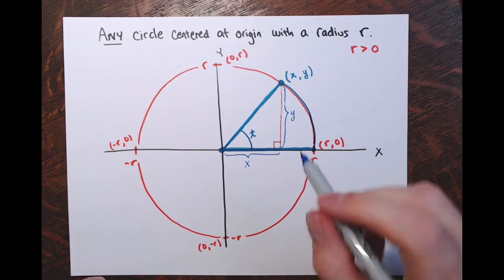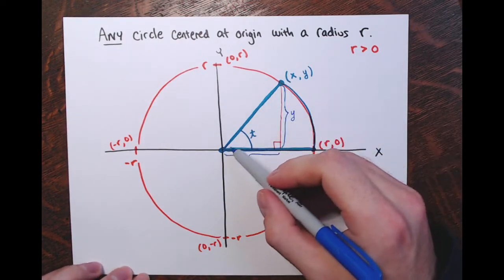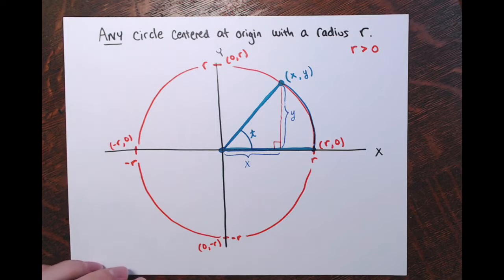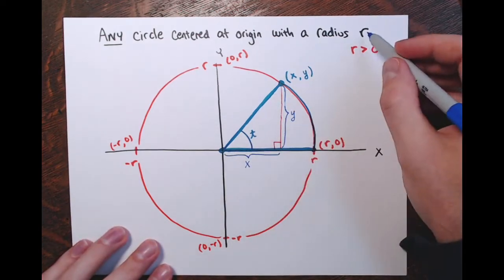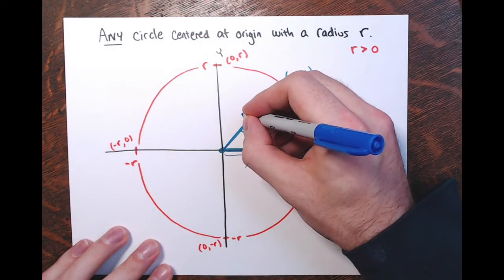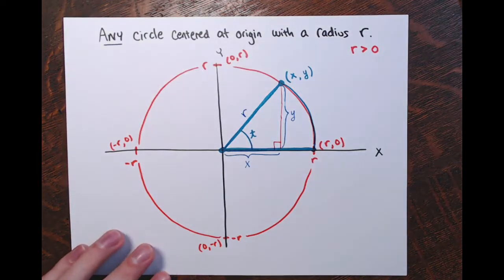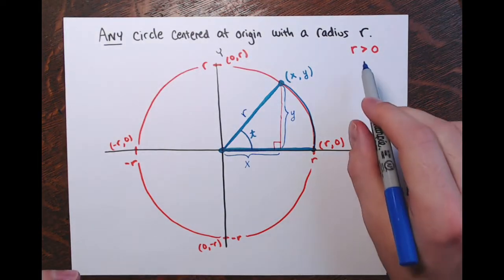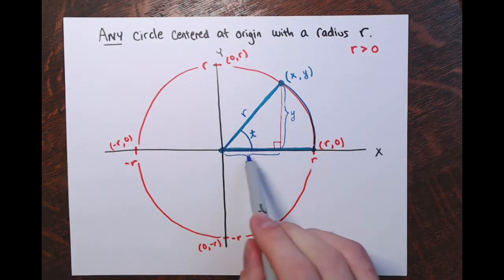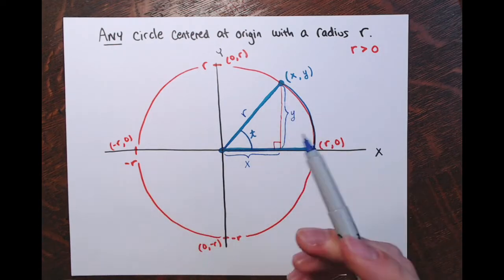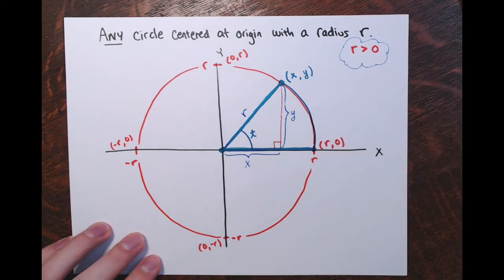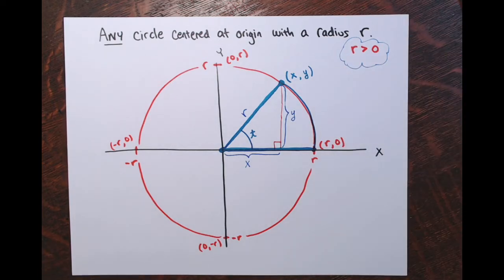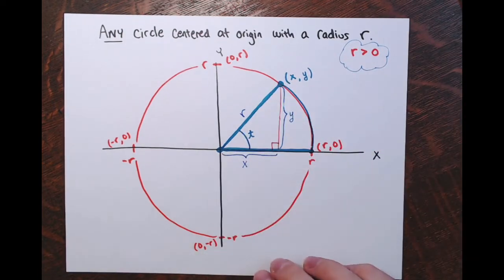This time my hypotenuse might have a length other than 1. This is representing a circle of any radius, and that radius I called r. So now the hypotenuse has a length r, where again r is always positive. x might be negative, y might be negative, but this r is always positive. Please know this. The r is the distance to the origin.